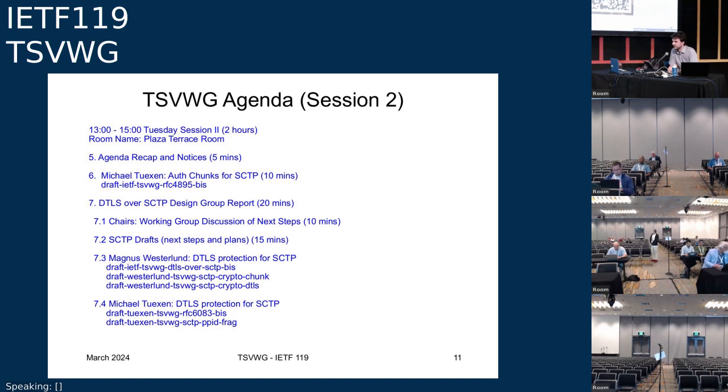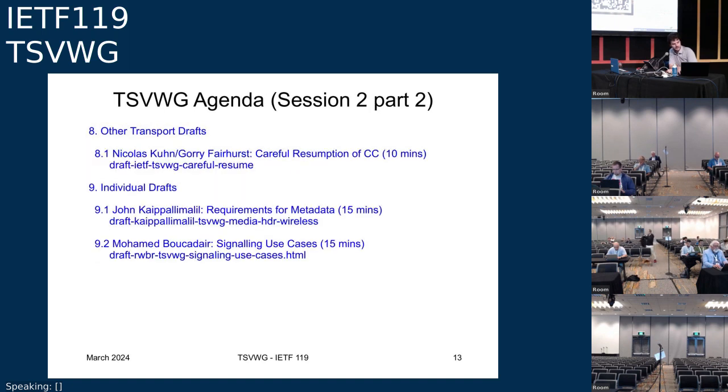This is the agenda of today's session. This is the first slide of the agenda. This is the second one. We will start with the DTLS SCTP work. And after that, we'll discuss careful resumption.